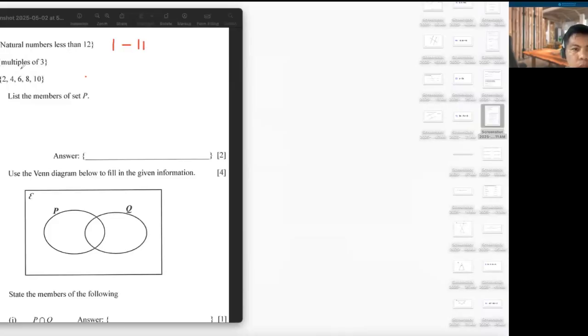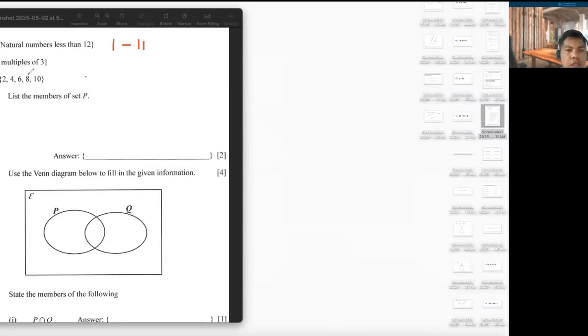P is the set of all multiples of 3. Do you know that? Multiples of 3? That's 3, 6, 9. I have a question. What's that squiggly symbol? It looks like an E. What is that called? It's everything. Sometimes it's U. That's a universal set.